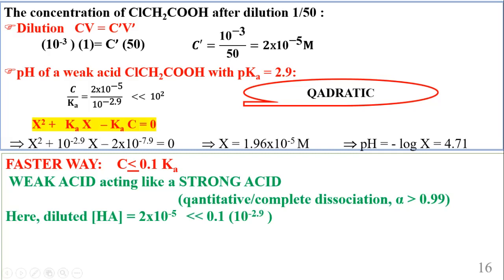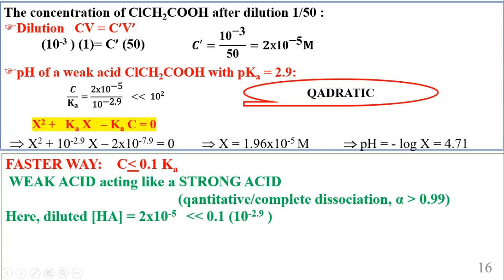And so whenever I have a very dilute acid, in this case, where this concentration is less than 0.1 Ka, which is this case, look, 2.2 times 10 to the minus 5 is less than 0.1 times the Ka value, which is 10 to the minus 2.9.